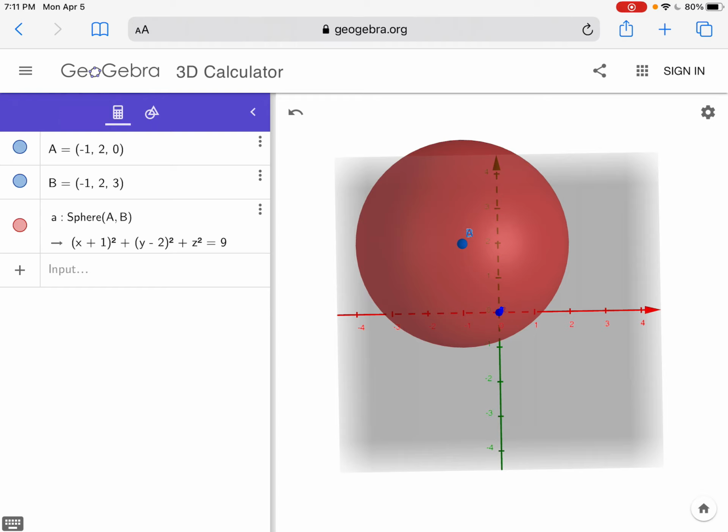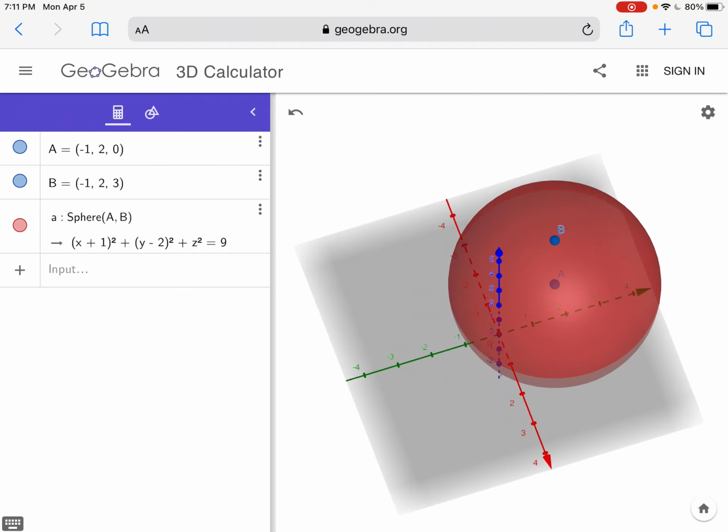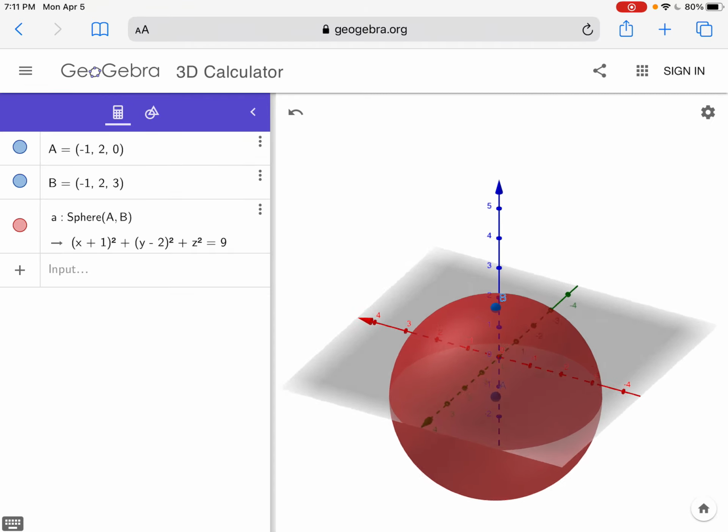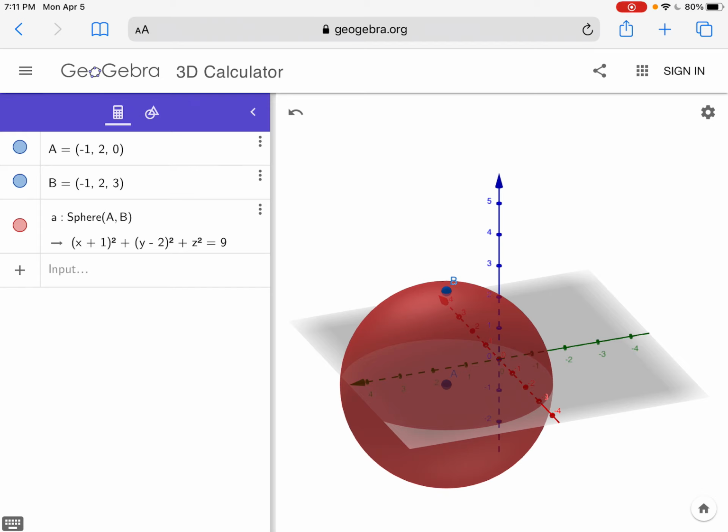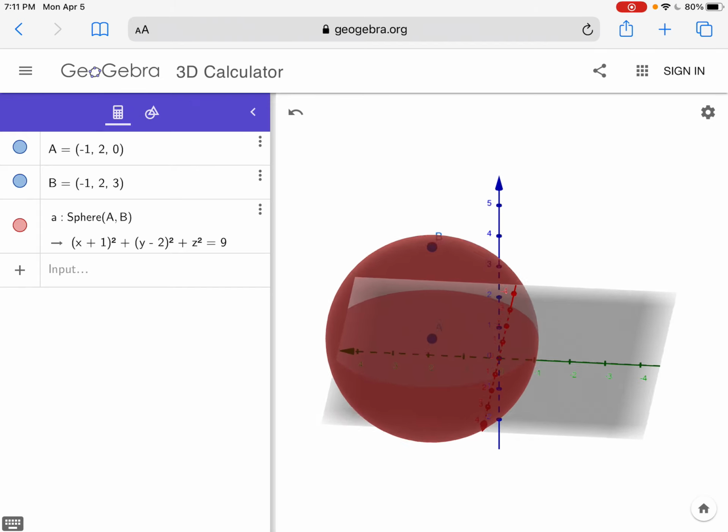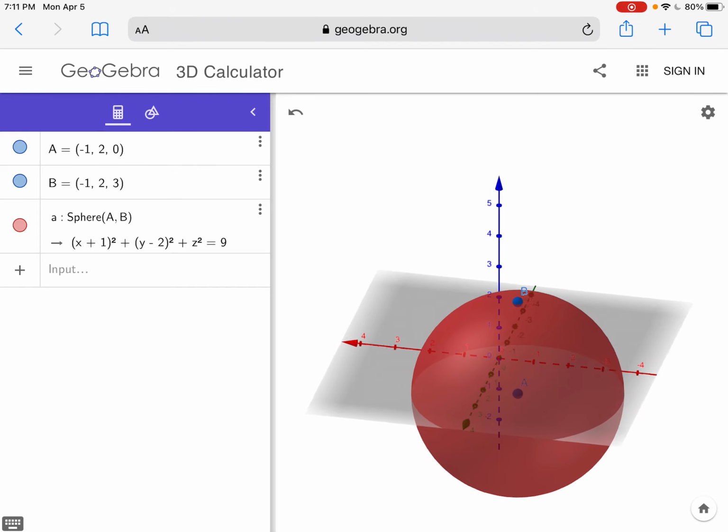So that's the rightmost extent of the sphere at x equals 2. If we go 3 units to the left of -1, we get to -4. That's the leftmost extent. So, by playing around with this, you can get a better sense of what spheres look like and just pan around and see how changing the x, y, z components changes where the sphere is and how big the sphere is.